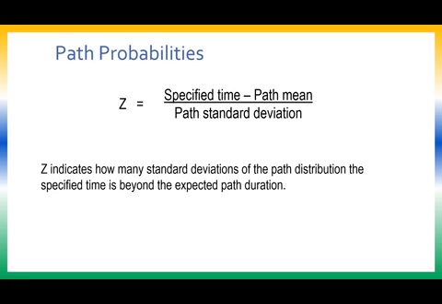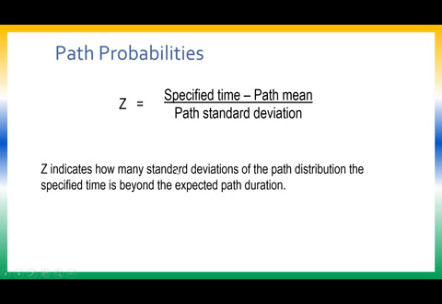So Z is specified time minus path mean divided by path standard deviation. Z indicates the standard deviations of the path distribution. The specified time is beyond the expected path duration.